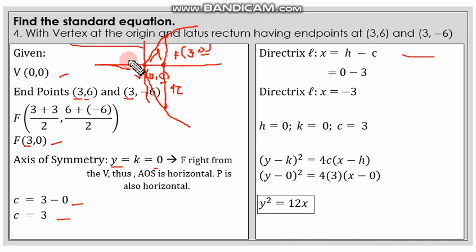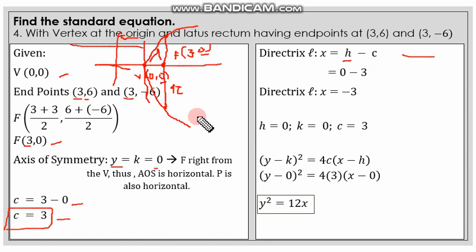Take note that our C is positive. The direction to get the directrix is to the left, so we subtract from the h. Since vertex plus C gives the focus, vertex minus C gives the directrix.